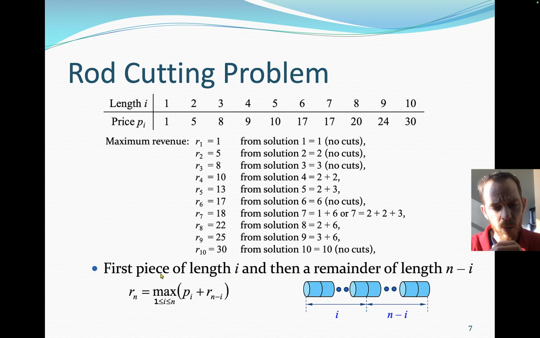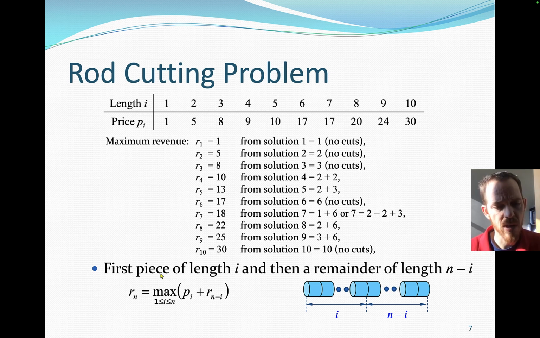So one way to think about this is we're going to cut the first piece of size i, and then that leaves n minus i. So then we have this equation.